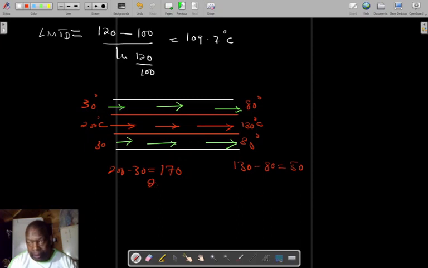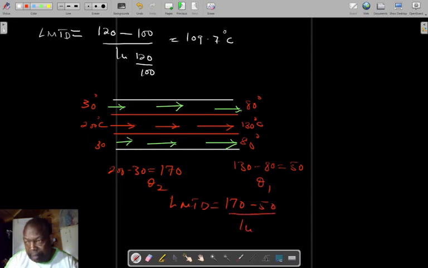So this is our theta 2 and this is our theta 1, and the LMTD now will be equal to 170 minus 50 divided by ln of 170 over 50, and that is equal to 98.05 degrees C.